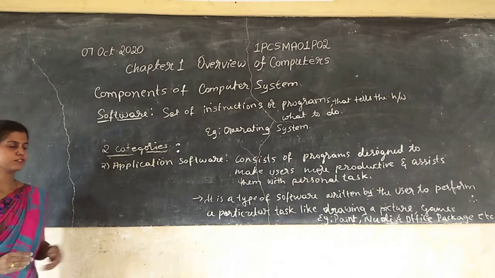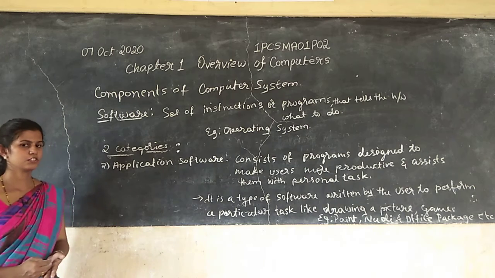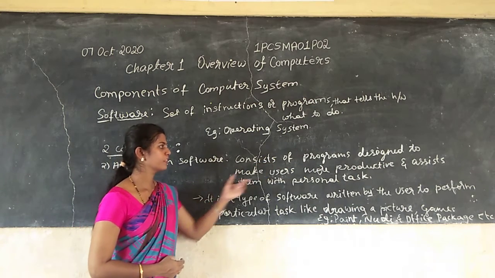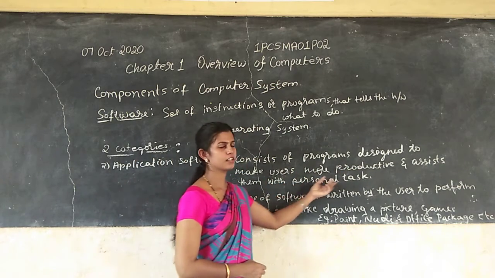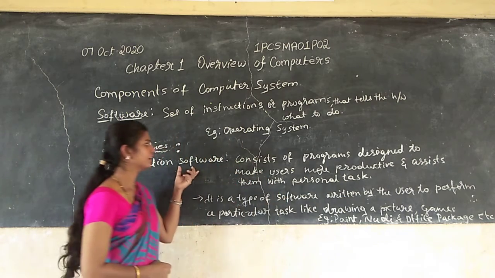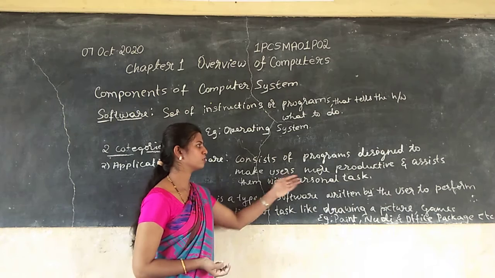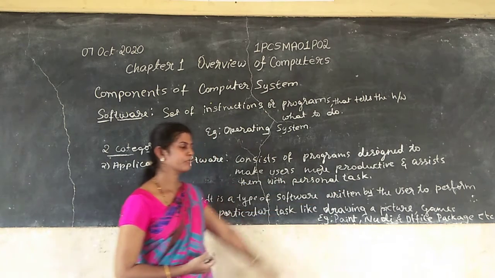The next category of software is application software. So, what is application software? It consists of programs designed to make users more productive and assist them with personal tasks.